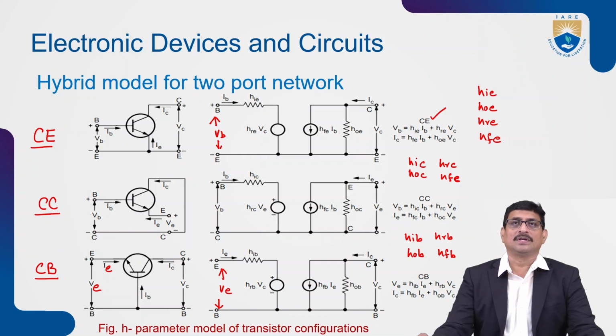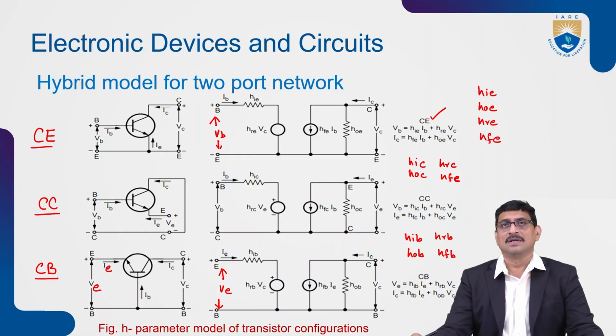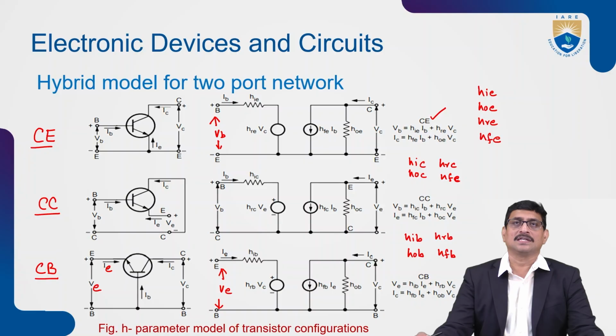We also learned how to draw the H parameter model of a two-port network device by knowing the H parameter equations, applying KVL and KCL in reverse directions, and how we can apply the general H parameter model to our two-port network transistor.